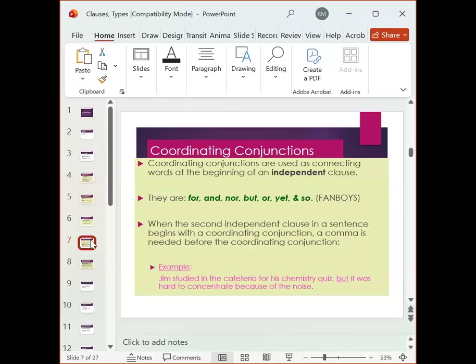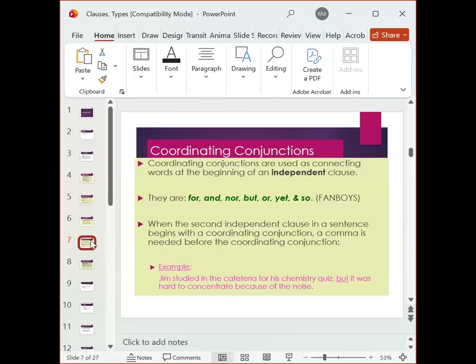Now, somebody may ask, so is because of the noise a dependent clause? No. The reason is that in that structure, there is no finite verb. Because of the noise has no finite verb, and therefore we can assume it to be a phrase. It's an adverbial phrase giving the reason why he could not concentrate. Okay, so let's keep that in mind.